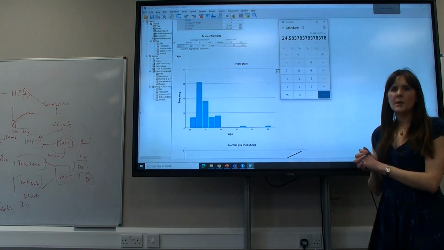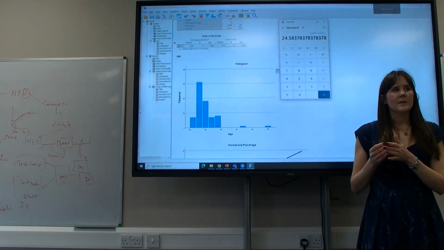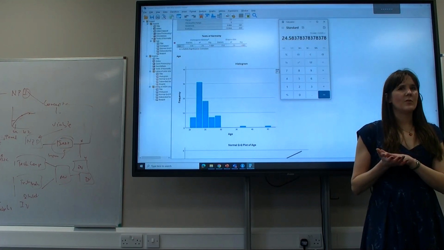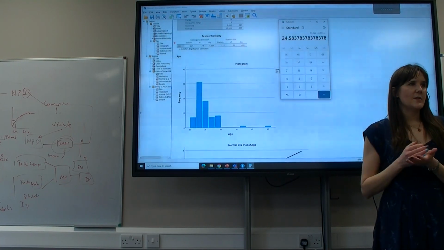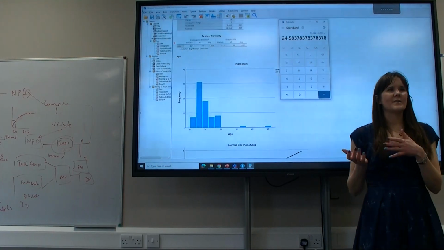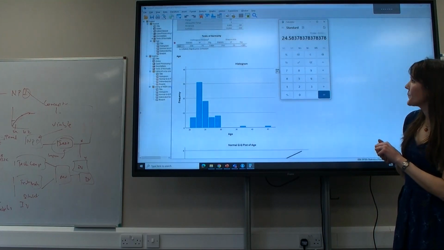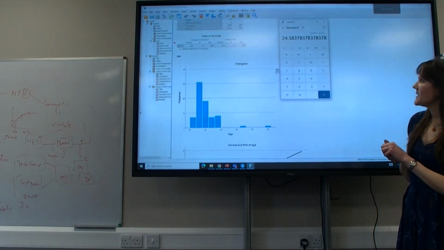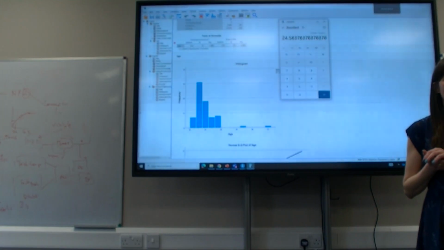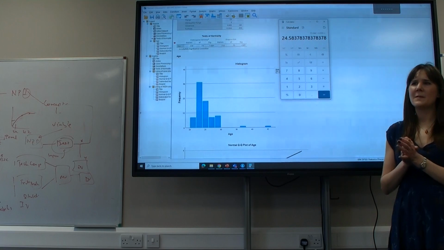So when you write this up, you would say something like: the variable, age, was checked for outliers and normality. You found 2 outliers, but they were not expected to affect the results, so you didn't remove them. Then you'd say that the Shapiro-Wilkes test showed that the data for age deviated from normality.